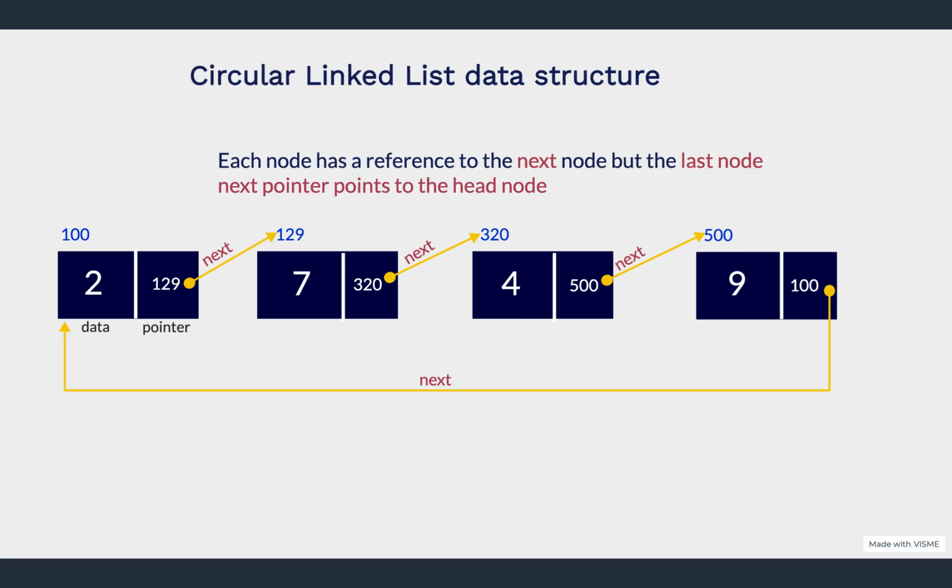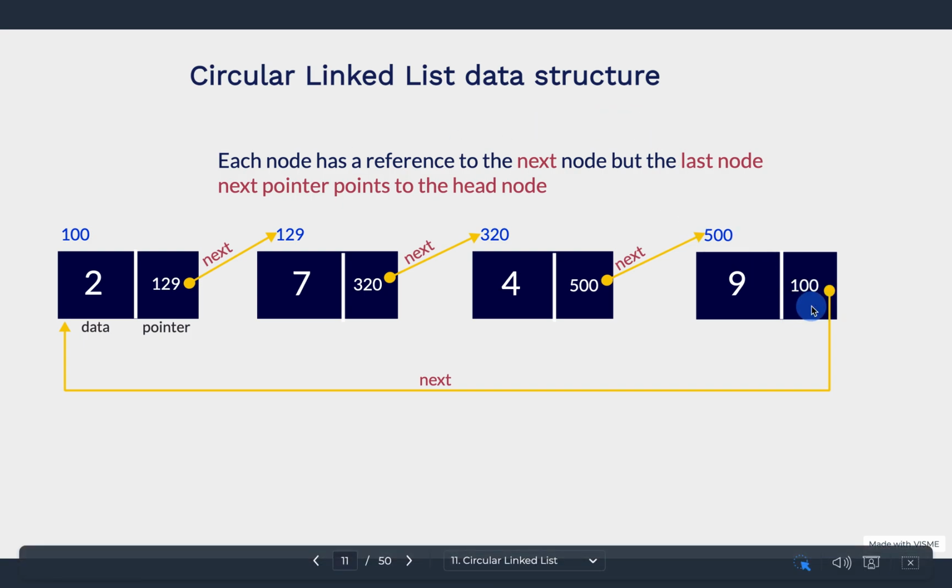So let's look at the circular linked list data structure. The circular linked list data structure is the same as a singly linked list, except for the fact that the last node points to the head node.